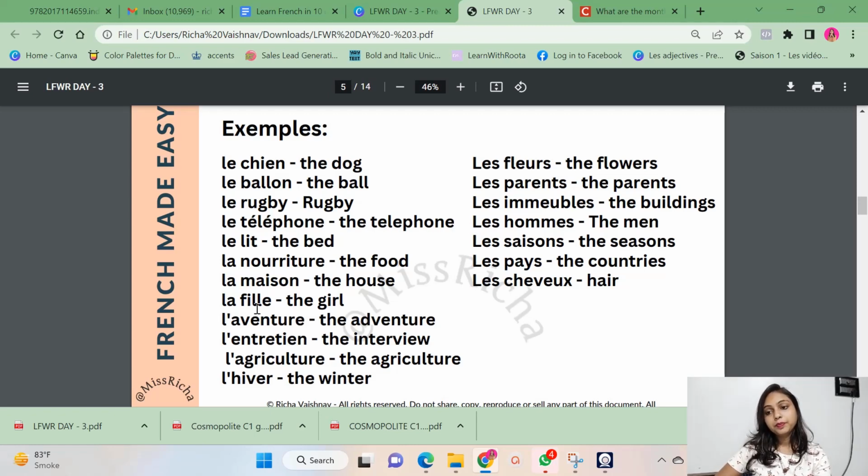La fille, l'aventure, l'entretien, l'agriculture, l'hiver, les fleurs, les parents, les immeubles, les hommes, les saisons, les pays, les cheveux.